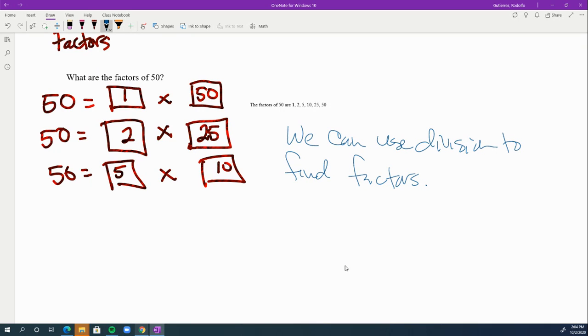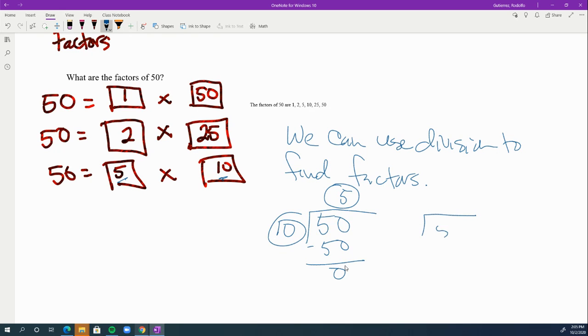You have to use your critical thinking skills and your background knowledge on number sense. So, for example, if I have 50, what two numbers can I divide 50 by? Well, a lot of times, whenever a number ends in zero, we can divide by 10. So 50 divided by 10 will give us 5, and that's remainder 0. So 5 and 10 are factors of 50.